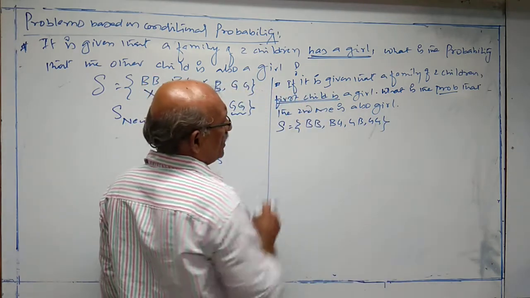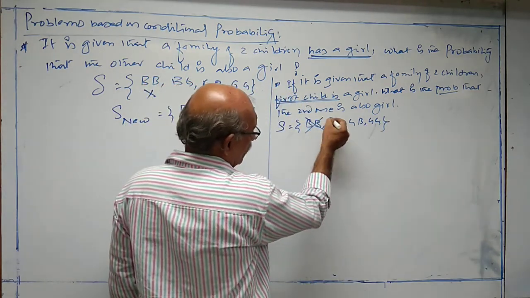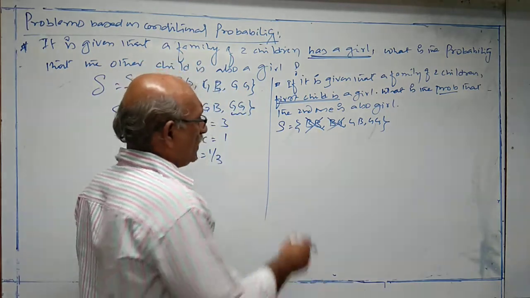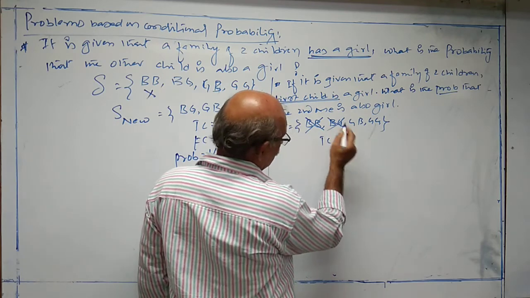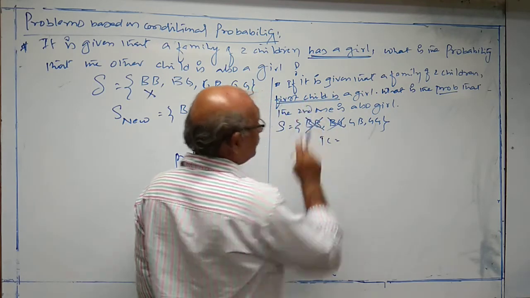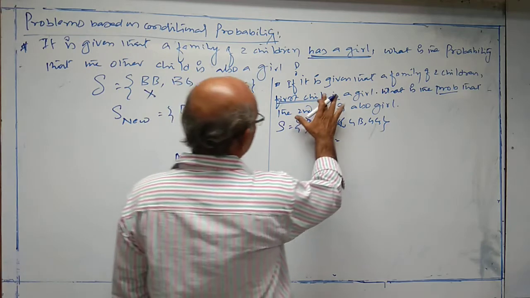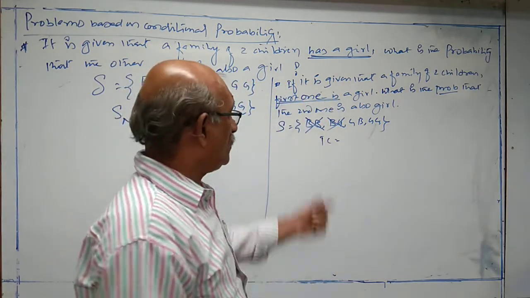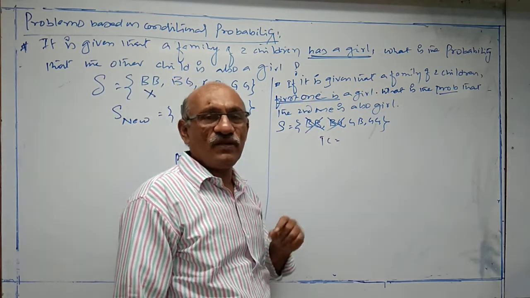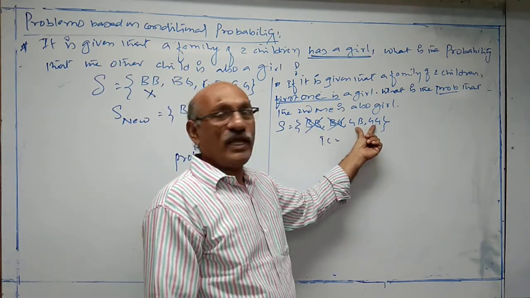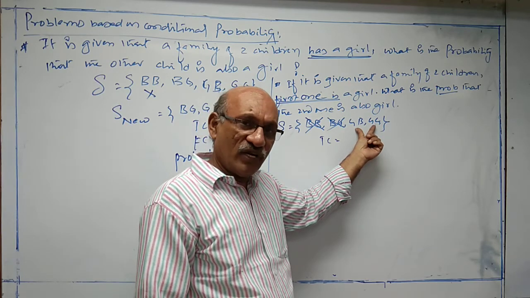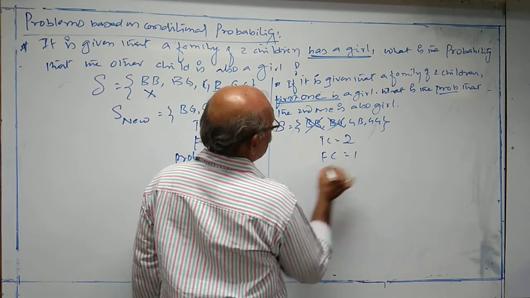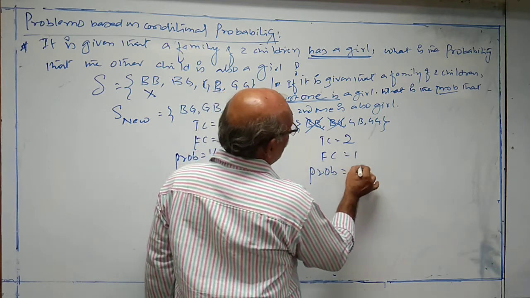If the terminology of the question is this way, there are two cases which I have to eliminate, because these two cases are not supporting: the first one is a girl. Only these two cases are supporting. So I have to concentrate on this. Total number of cases 2. Favorable cases 1. Probability is equal to 1 by 2.